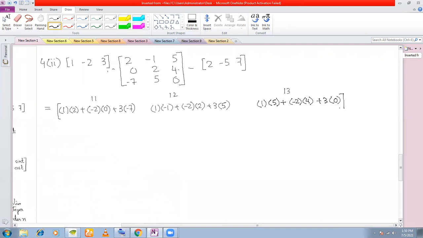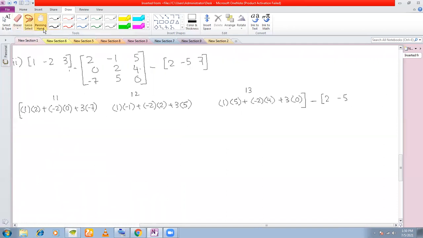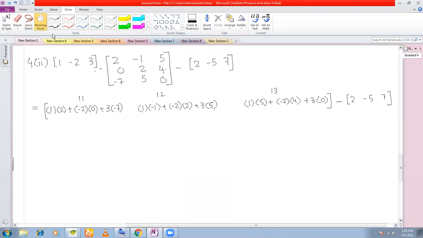Okay, so you get this matrix minus 2, -5, 7. We simplify this a little, and then we can subtract. So after simplification, what are we going to get?